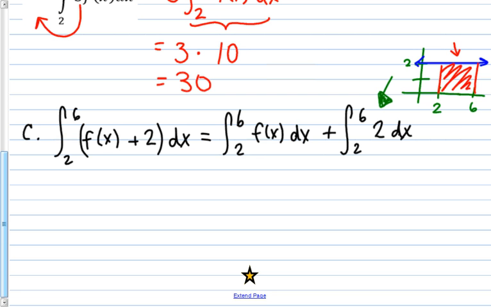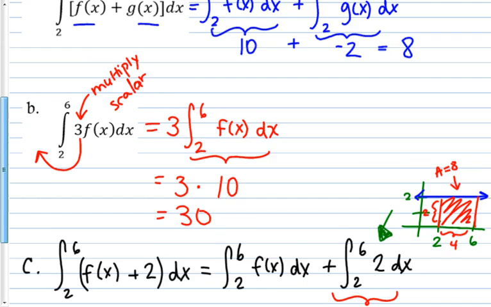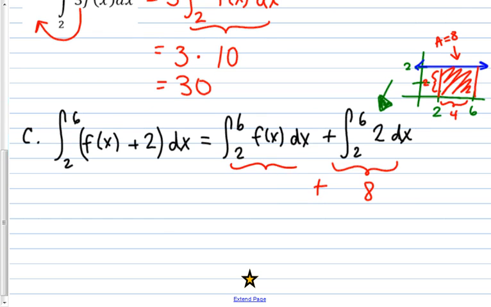So my area here is 8, because this is 4 and this is 2. 2 times 4 is 8. So I have my answer for this. It's 8. And then from above, this part was 10. So my answer is 18. You should be able to find whole numbers. It's always going to be a rectangle if it's a whole number.